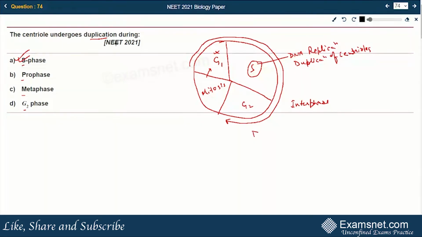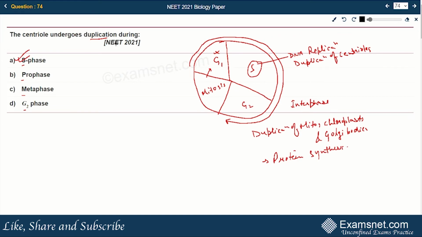Here some important organelles such as mitochondria, chloroplast and Golgi bodies are formed. Other than that, one of the important things that happens during G2 phase is synthesis of proteins, such as tubulin. So these are the features of G2 phase.